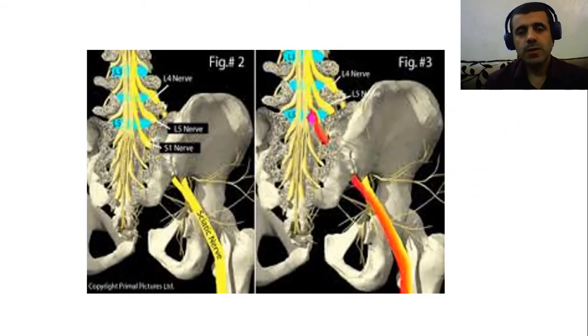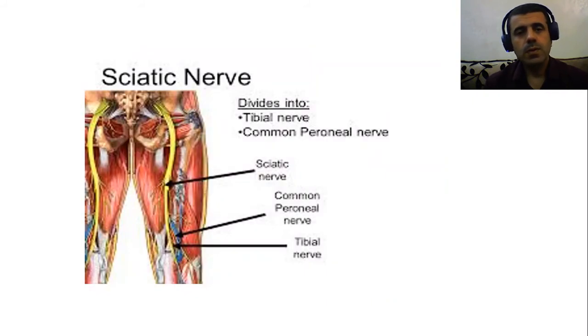So this is the sciatic nerve. As we see, it's a wide nerve composed of multiple nerve fibers, anterior or ventral and dorsal branches of the nerve roots from L4 down to S3.